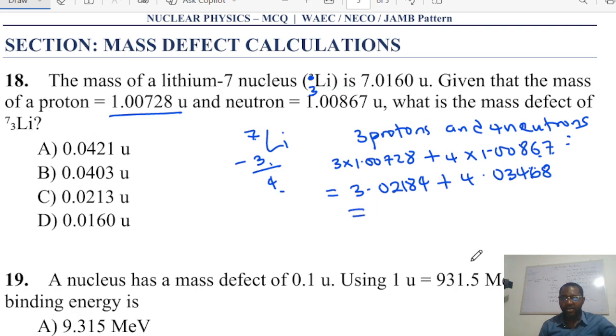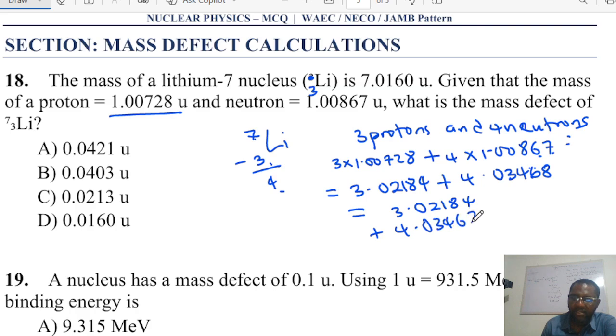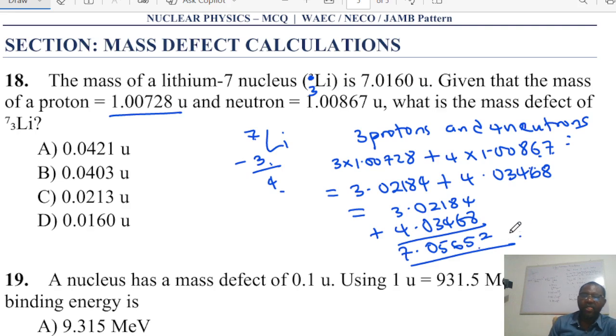I don't have a calculator here, so let me add it by hand: 3.02184 plus 4.03468 gives 7.05652. So by the time you add up the masses of the protons and the neutrons, we get 7.05652.